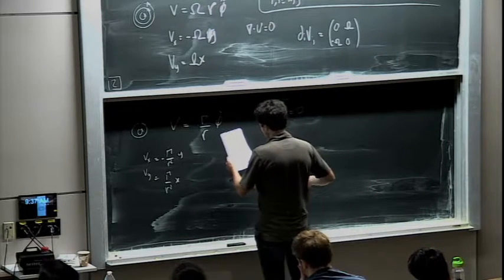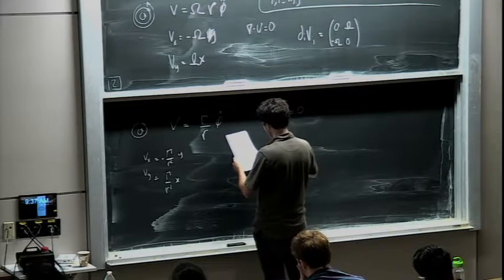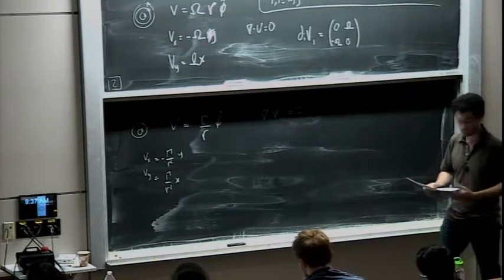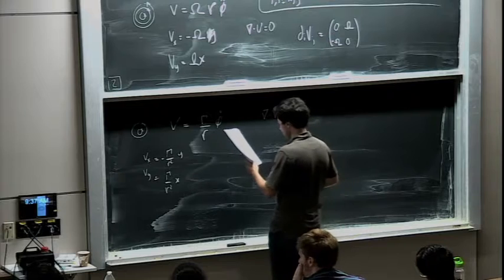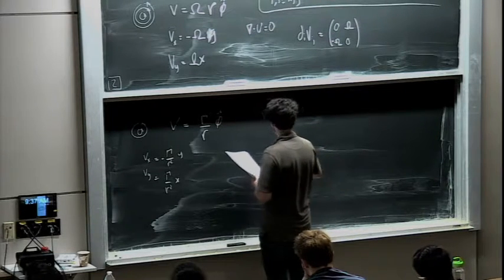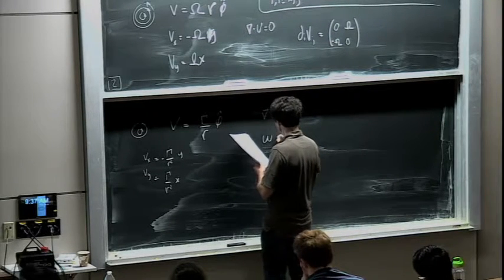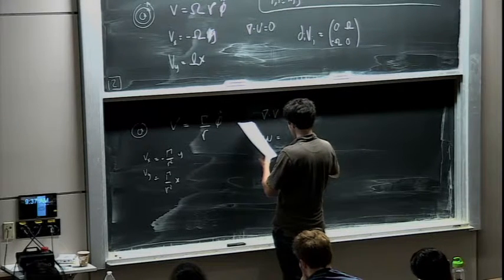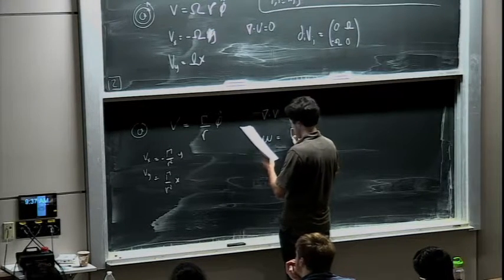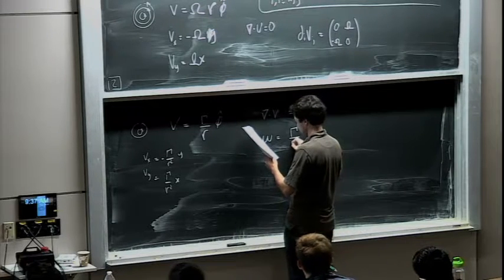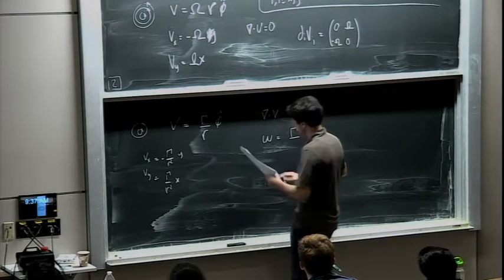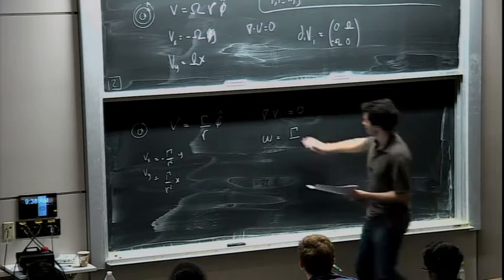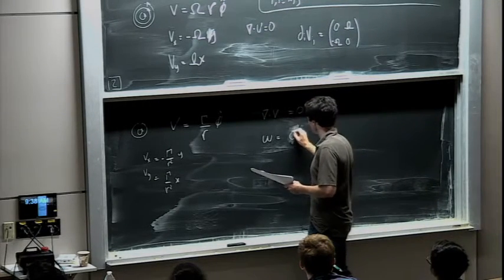You'll find that the shear component is non-trivial. So there's a strong shear component, and the rotational component of this flow, omega, is in fact equal to 0.